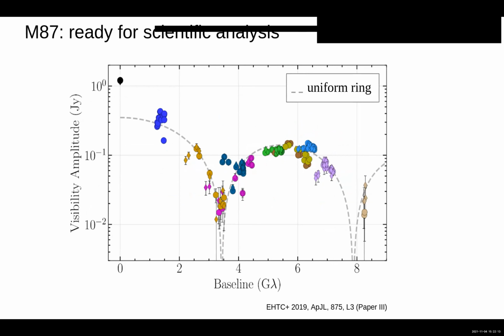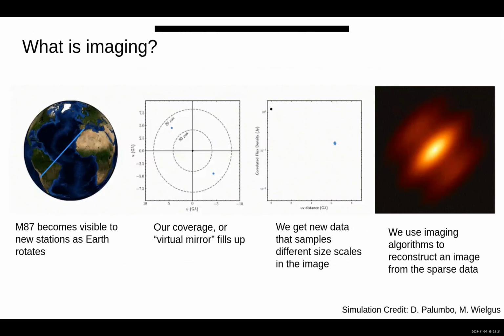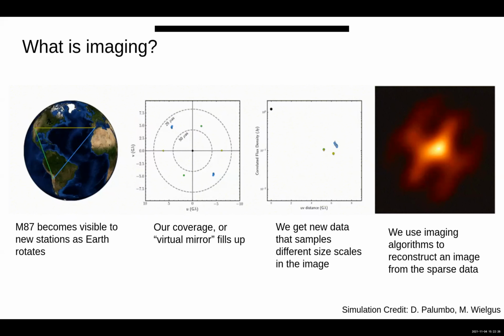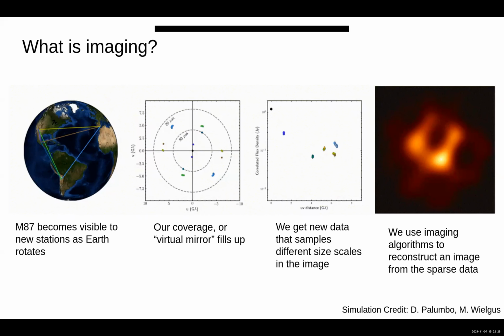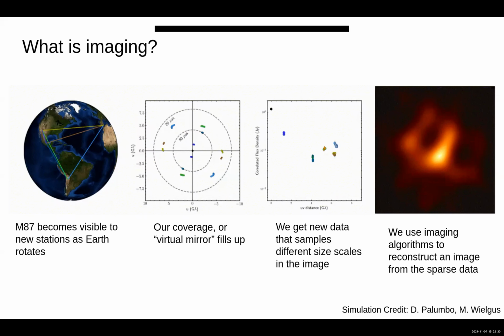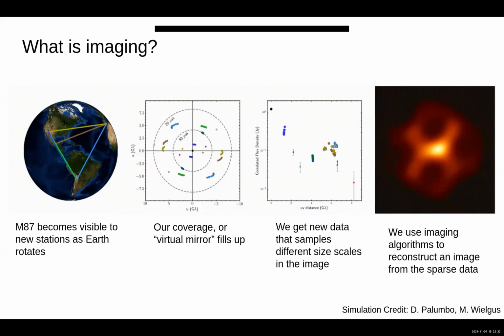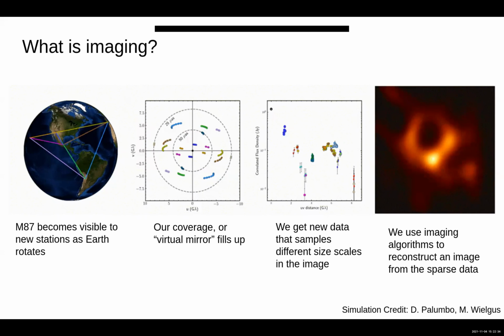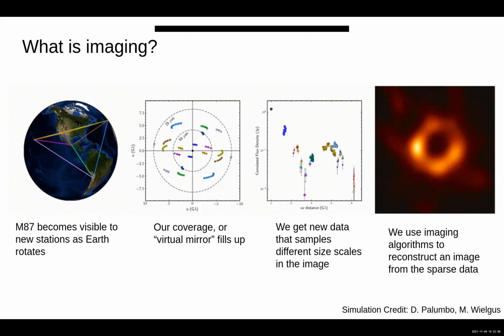And you can see already the features, and we've overlaid a uniform ring model here, so there are already some features you can pick up. And then we can really get into imaging and what is imaging. So you can view imaging as one way to do model fitting. You can think about an n by n pixel image, and each pixel is allowed to have an independent flux.